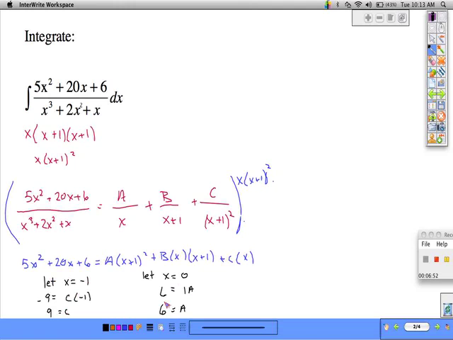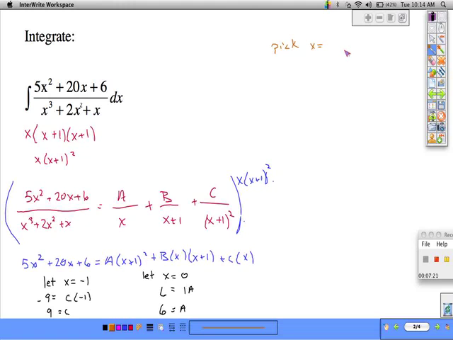And what you might be saying here is, there are no other values of x that make the factors equal to 0 on the right-hand side. I can't get any of these other terms to drop out. But since there's only one other thing that I need to know, I can pick any other value of x, and it really doesn't matter what.